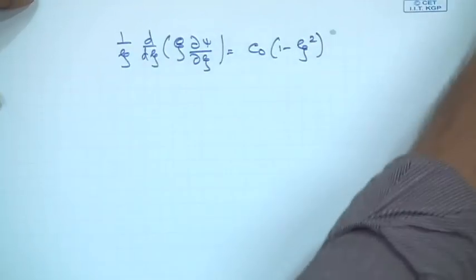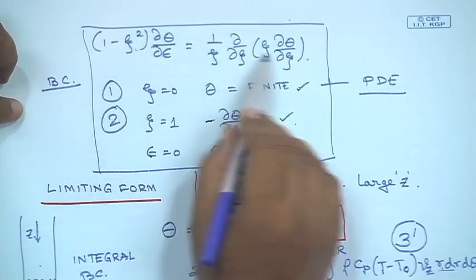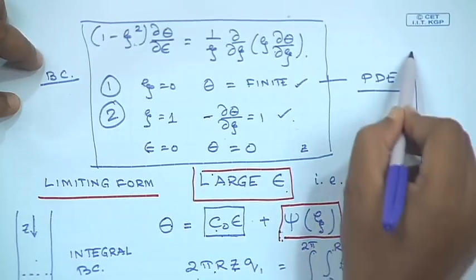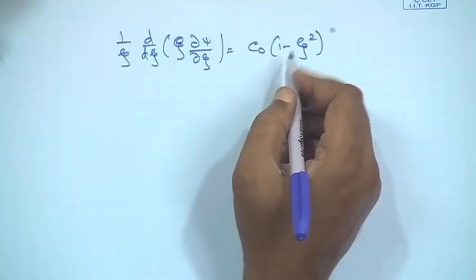So, a partial differential equation like this can be transformed into an ordinary differential equation by substituting an assumed expression with proper justification of the fully developed flow, and once you substitute this in here, what you get is an ordinary differential equation.